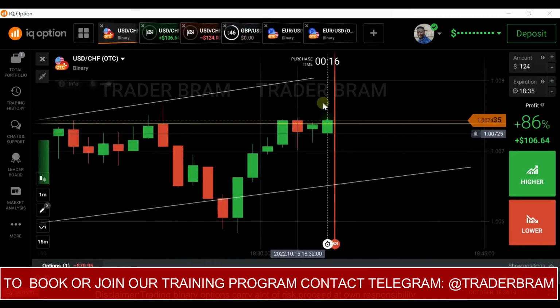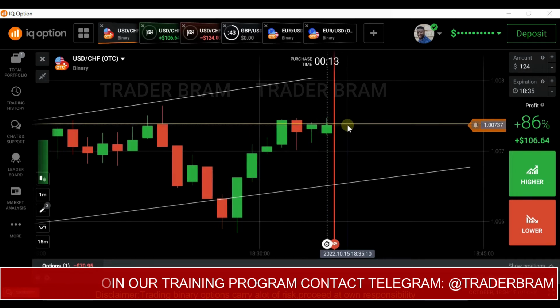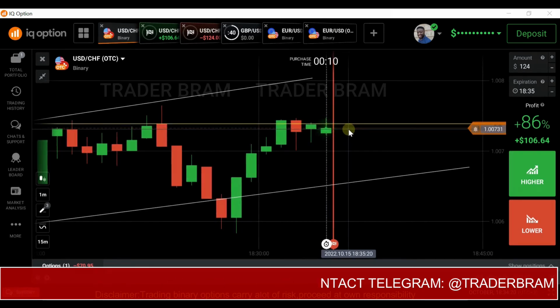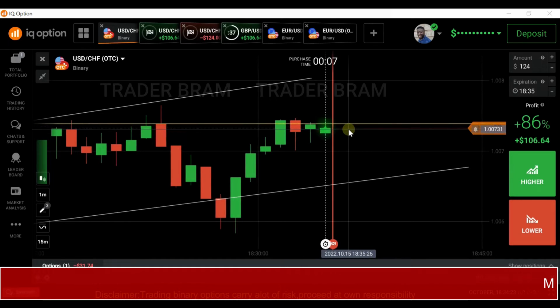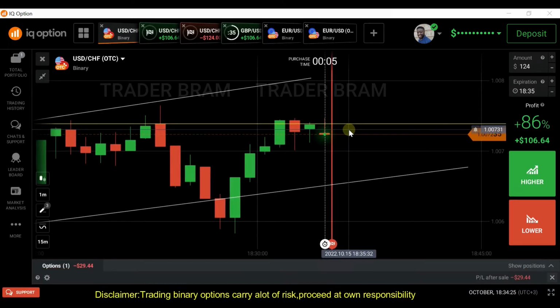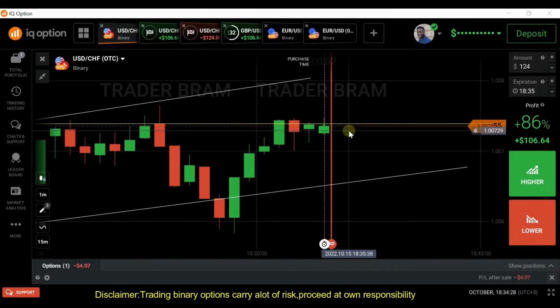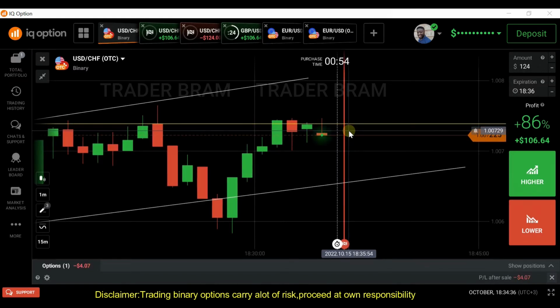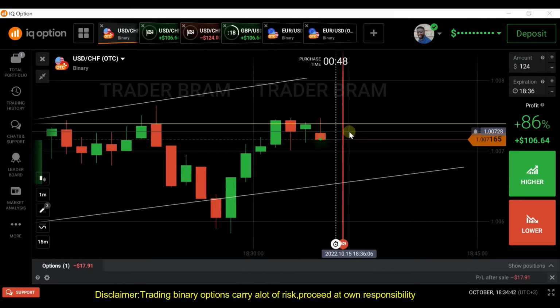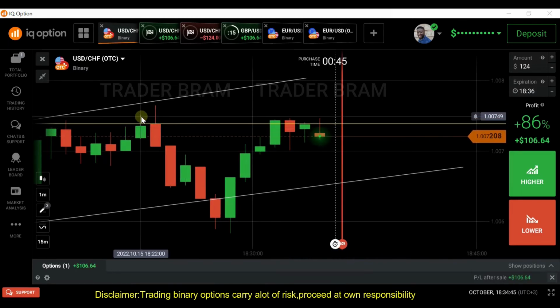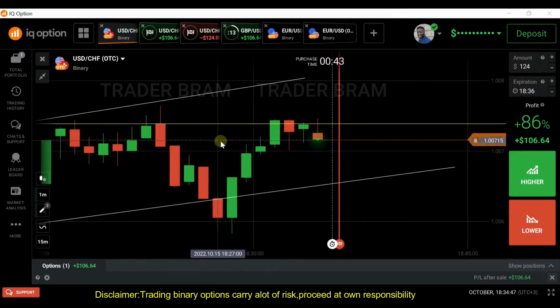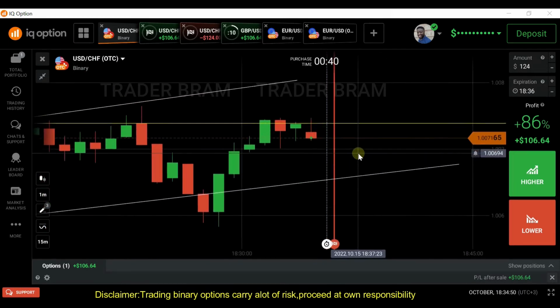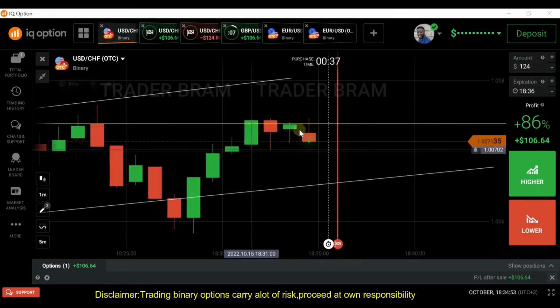So here we have not closed above the level, so it's good just to wait. So the market is rejecting on this horizontal level of support and resistance. So we are consolidating on this area.